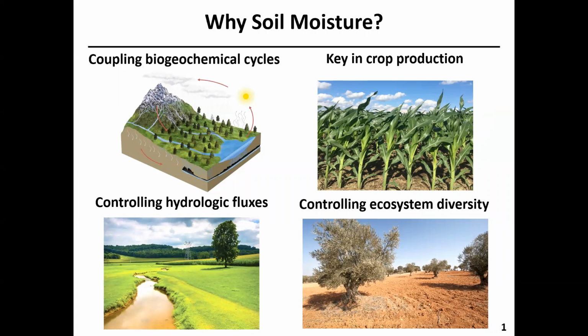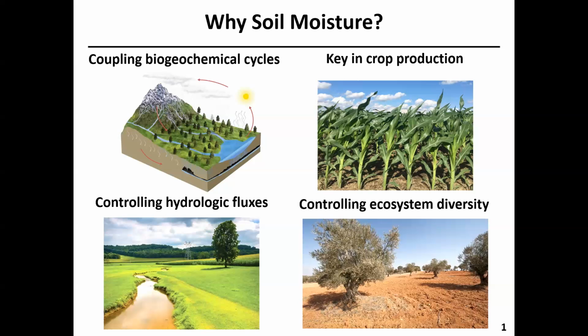For example, the coupling between water, energy, and carbon cycles is largely dependent on soil moisture. From the agricultural standpoint, we need to monitor and manage soil moisture for crop production, because this is the primary source of water for crop use.